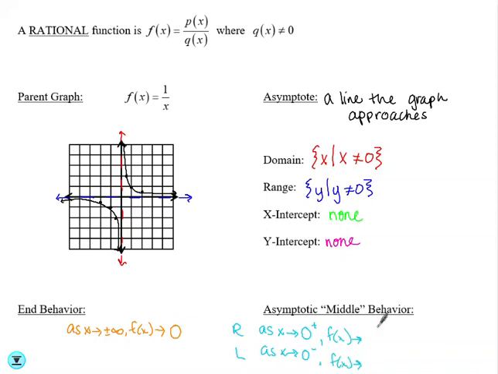So, as we get closer to 0 from the right, so I'm going to start on the right and get close to 0, our graph is going up. It is approaching positive infinity. If I start on the left and get closer to 0, the graph is going down, so it is approaching negative infinity. So that's how you write the asymptotic or middle behavior.